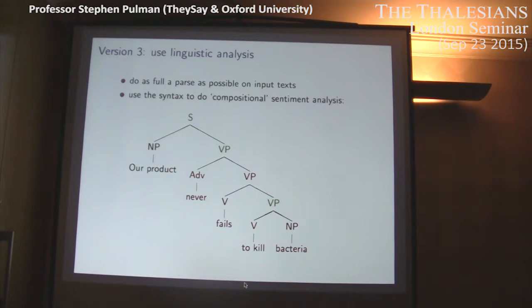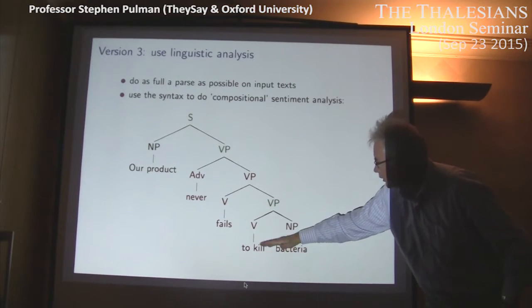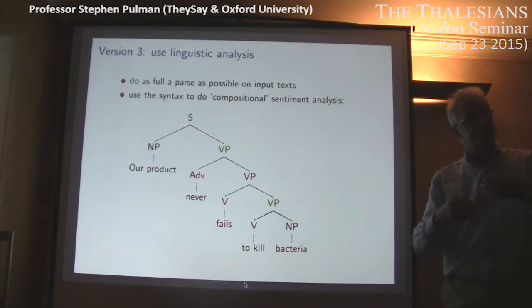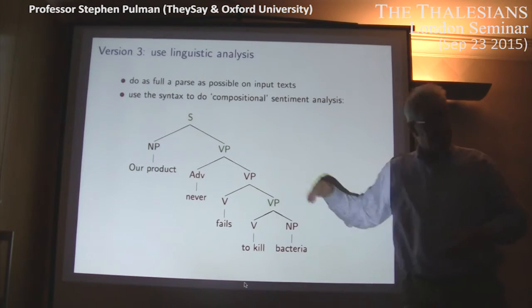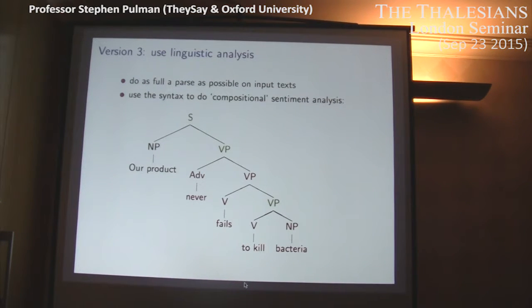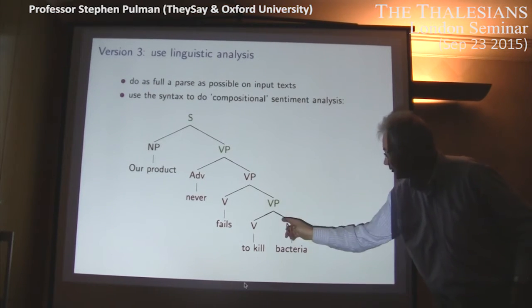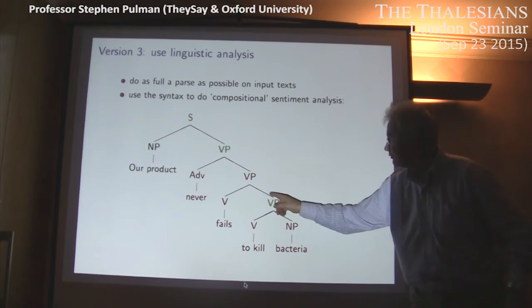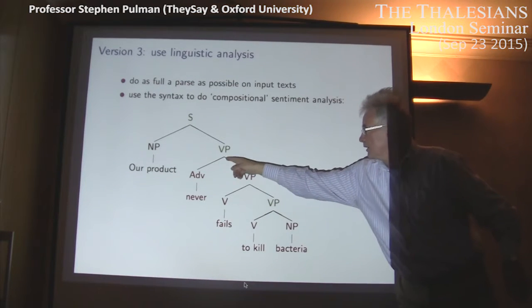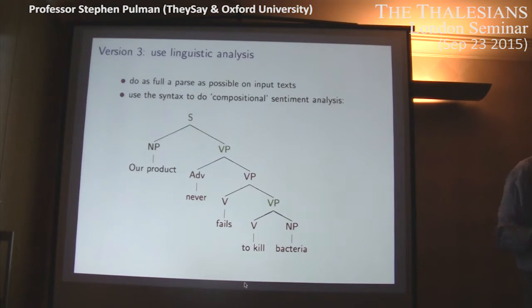If it's well-behaved, if it's Twitter or something, all bets are off. And essentially what you do is you use this hierarchical structure to work out the sentiment values at successively higher levels. So we'll say that although killing and bacteria are negative, killing bacteria is positive, fails is negative again, never fails is positive again, so the whole sentence is positive.